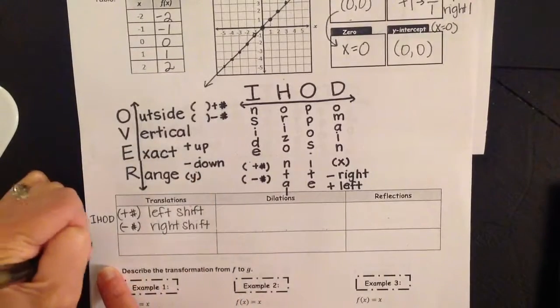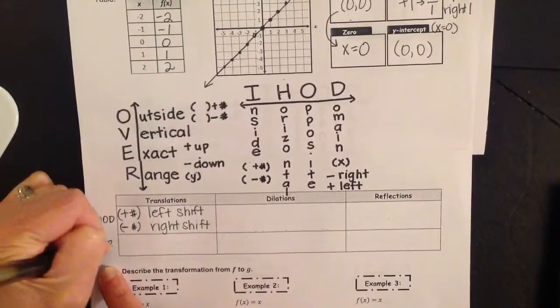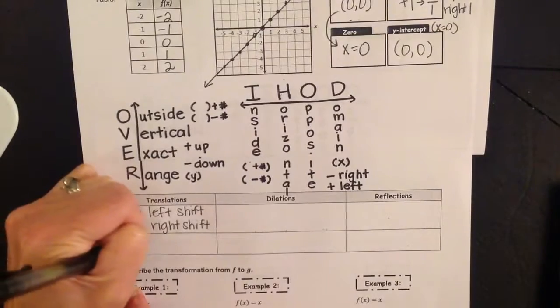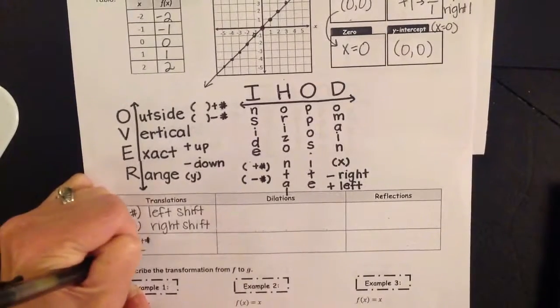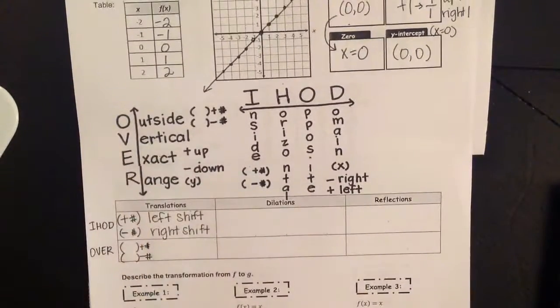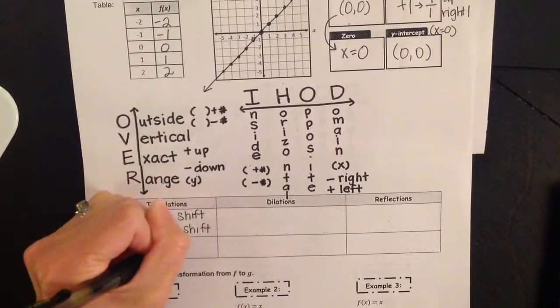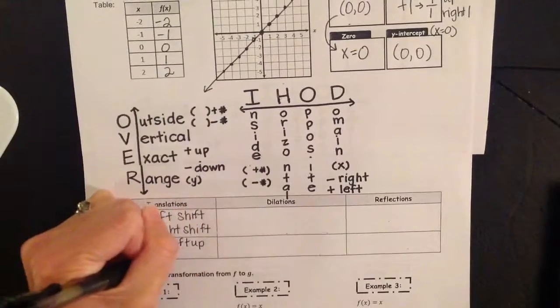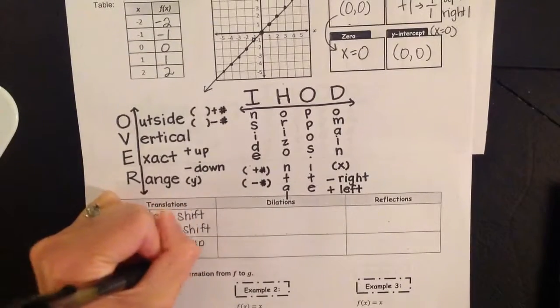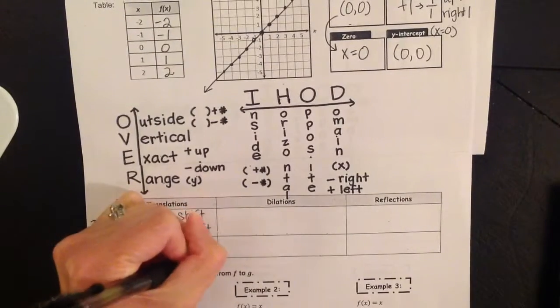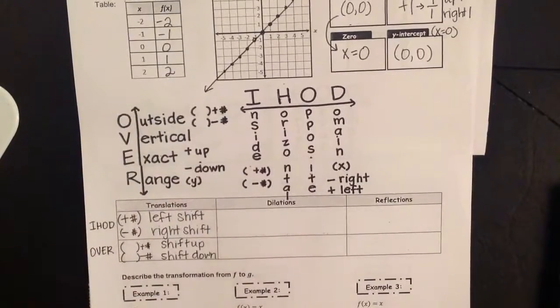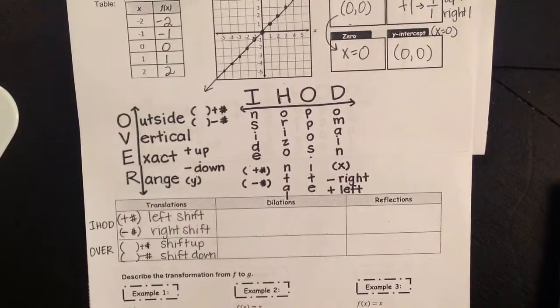You also have a translation for your outside number, the number outside your parentheses. If you have plus a number, it's going to be a shift up. If you have a subtraction sign outside your parentheses, it's going to be a shift down. And that number is going to tell you how many you're shifting up or down.